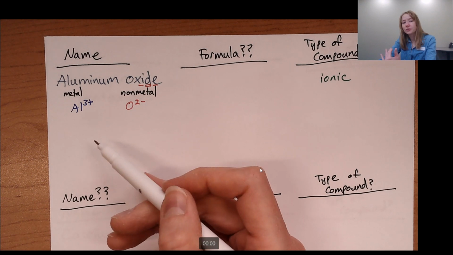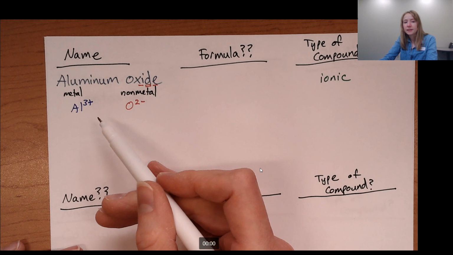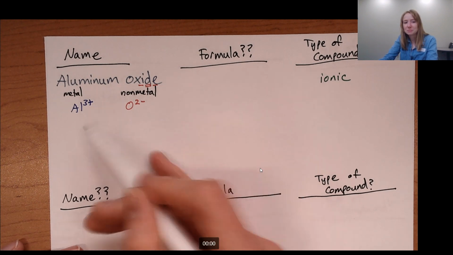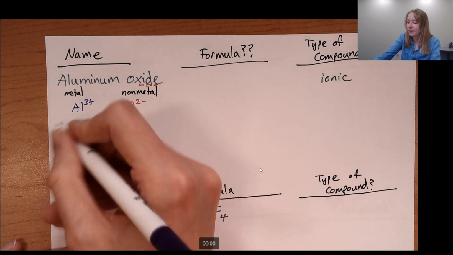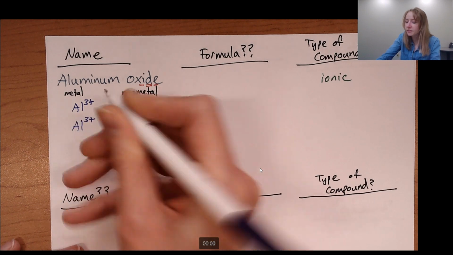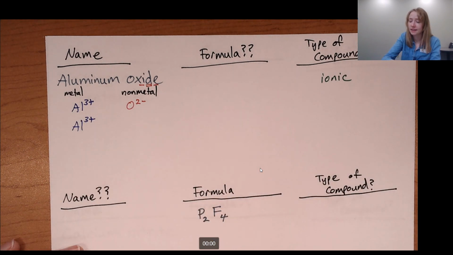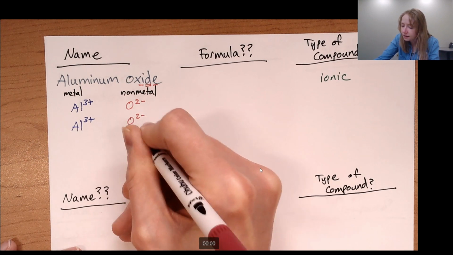And 2 doesn't go into 3 very well, but we can find the least common multiple of these. So if you mess around a little bit, you can see if I were to have 2 aluminum, which would give me a total of 6 positive charges, I can then balance that out with 3 oxygen.